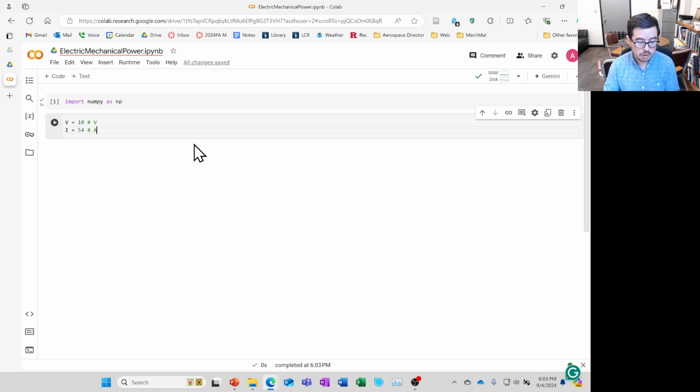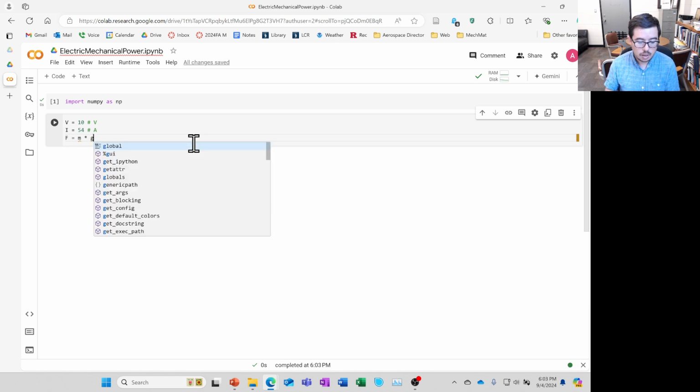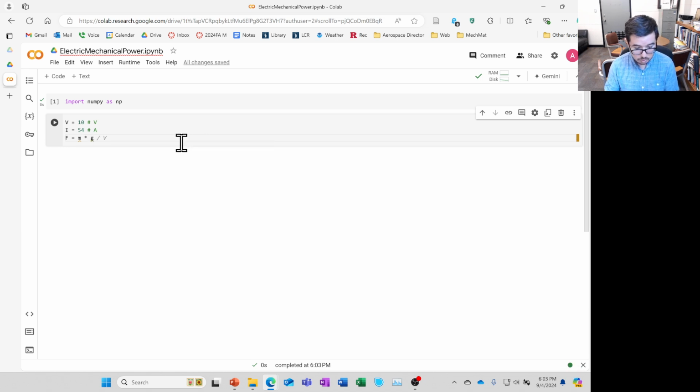So like that. We have force, which we said is going to be equal to the mass times gravity. And I haven't specified those, but then I'm going to put in the units. This is going to be newtons. So let's go ahead and go back and we'll say M is equal to 5 kilograms.